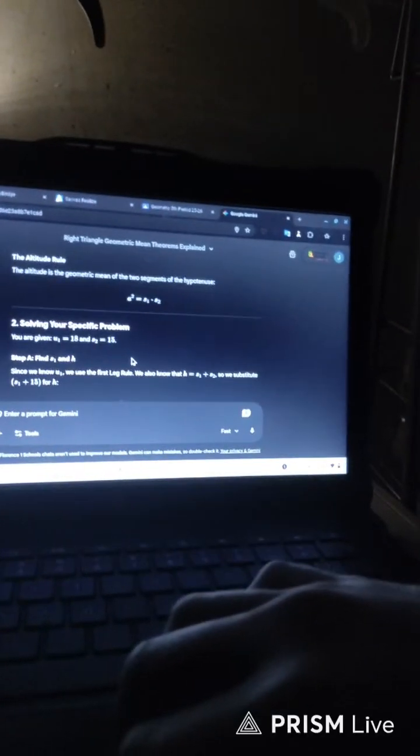So it's going to be like 15 times S1. How are you going to find S1? You're given U1 equals 18 and S2 equals 15. Find S1 and H. Since we know U1, we use the first leg rule.